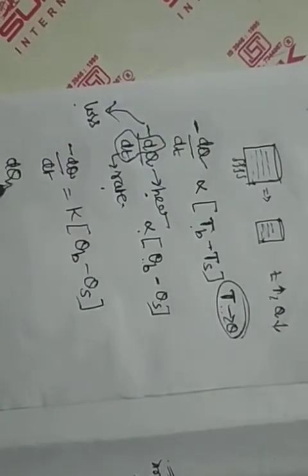So this proportionality constant is replaced by K: the rate is equal to K multiplied with theta B minus theta S. We know that dQ is equal to ms d theta.